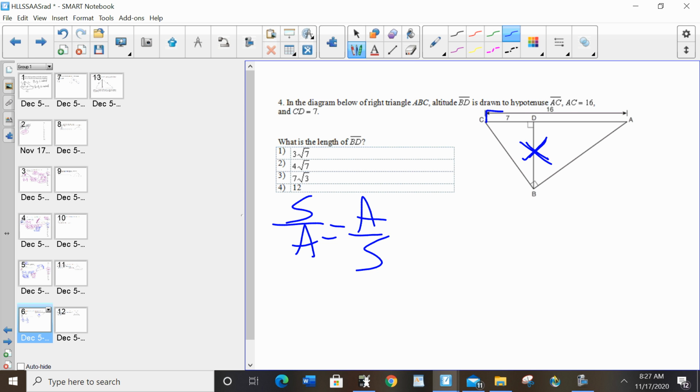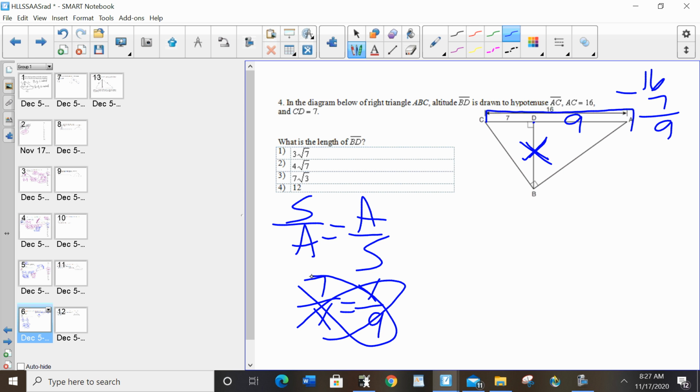Since this whole thing is 16, to find DA, I would have to subtract 16 and 7 to get 9. Because that 16 is H, I'm not using H in SAAS. So it will be 7 over X equals X over 9. Cross multiply. X squared equals 63. Square root, square root.